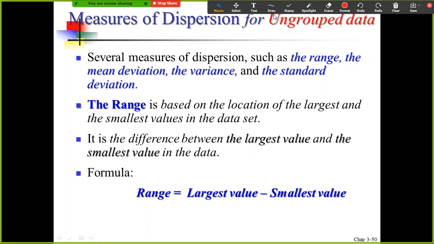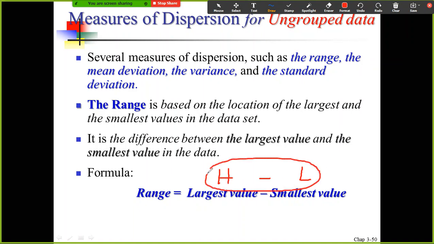In order to find a range in one dataset, you need to find capital H and capital L. By taking H minus L, this represents the difference between the largest value and the smallest value in our dataset.